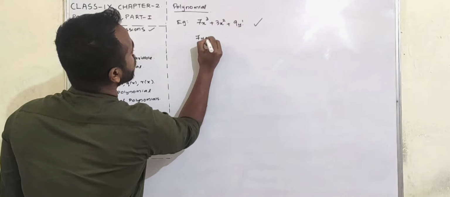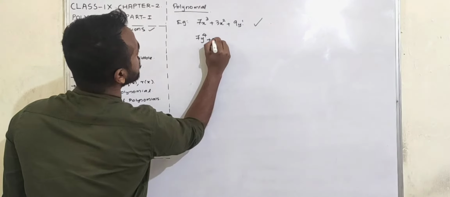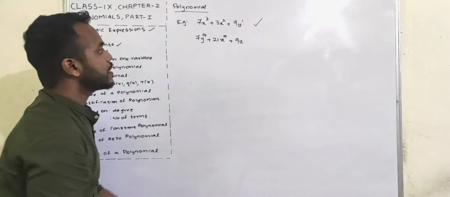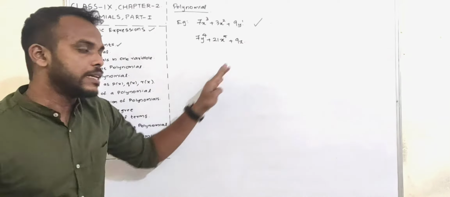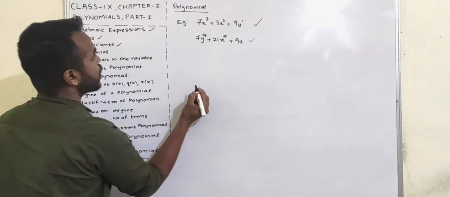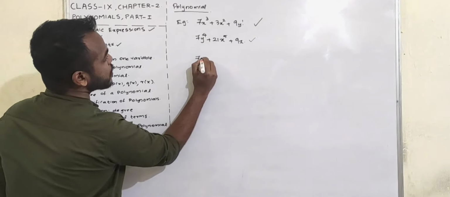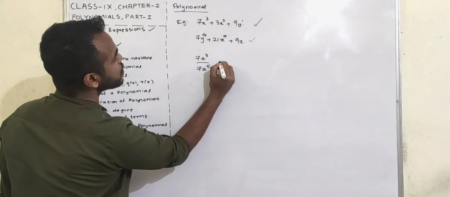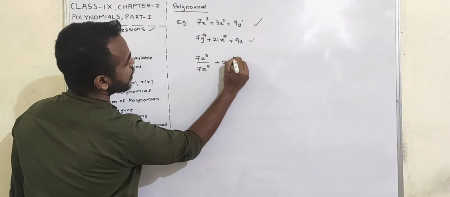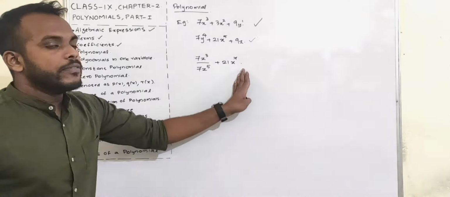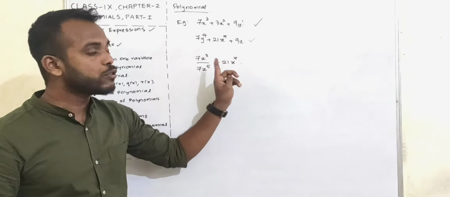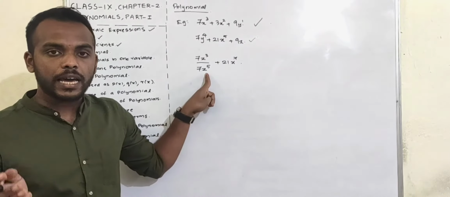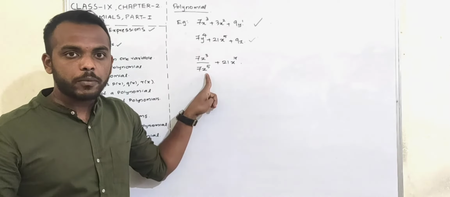Now 7y raised to 4 plus 21x raised to 5 plus 9z. Is this a polynomial? Yes, this is also a polynomial. Now 7z cubed by 7z raised to 5 plus 21x raised to 7. We have learned in the last chapter how to manage the powers lying in the denominators. I hope you remember that.